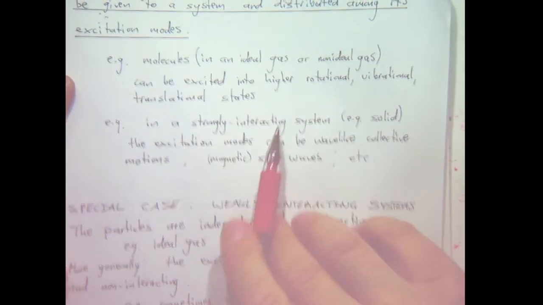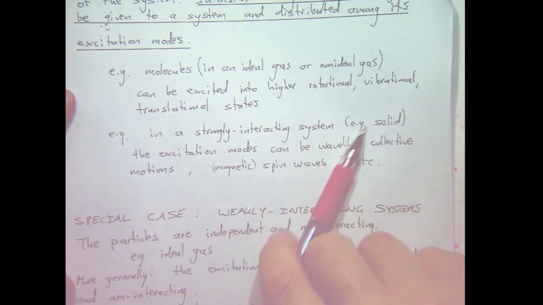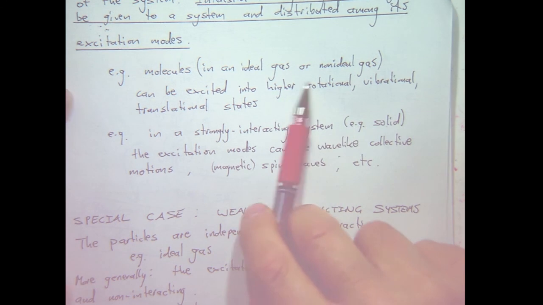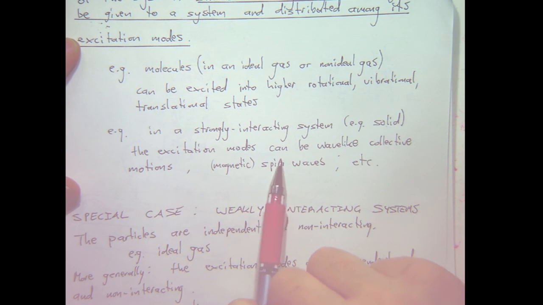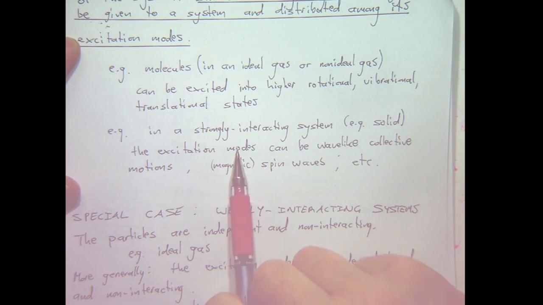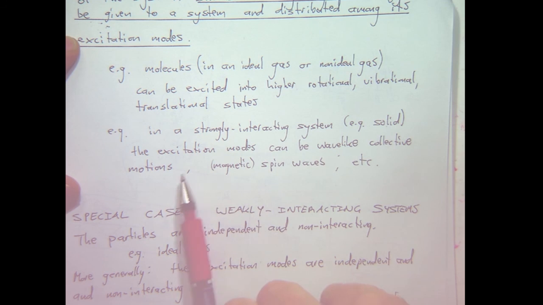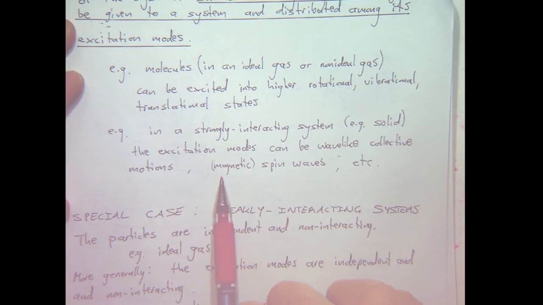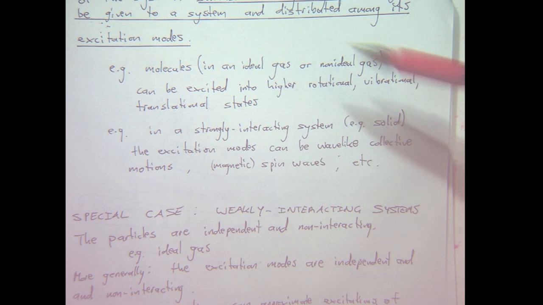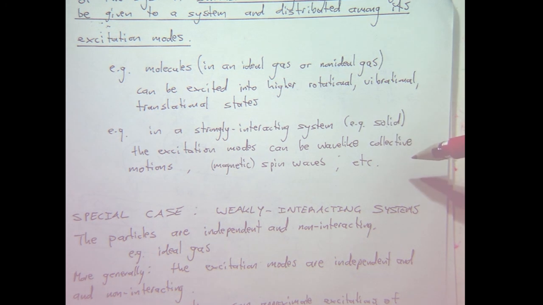In a strongly interacting system, such as a solid, the opposite of an ideal gas, where you have interactions between everything, the excitation modes, the normal modes of a crystal, for example, can be wave-like collective motions called phonons. Well, actually, there are lots of different kinds of collective motions.